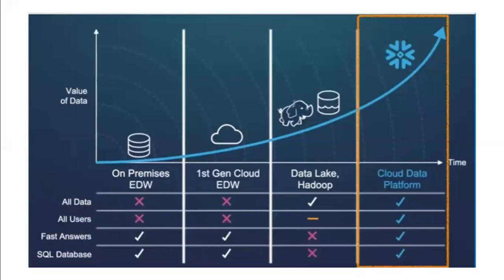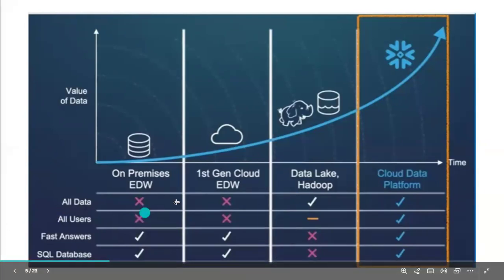If 10 people are querying the same table, everybody's query will be executed in different VMs, so all users get fast answers. It's a SQL database and it supports ACID properties. So all the flaws have been cleared in Snowflake. That is the reason Snowflake is number one as of now when it comes to data warehousing.